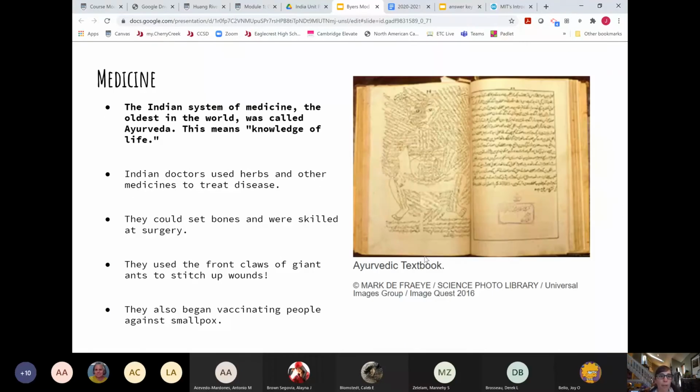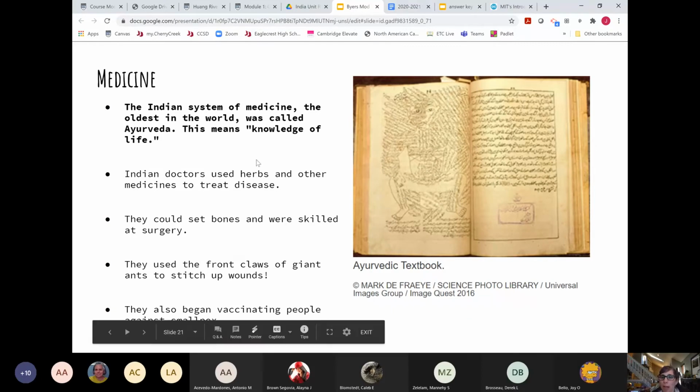All right, the last one for us to talk about is medicine. Medicine also saw a lot of advancements, and the stuff that they were able to do is very cool. This is a picture of an Ayurveda book. Ayurveda means knowledge of life, and that was the system of medicine in India.